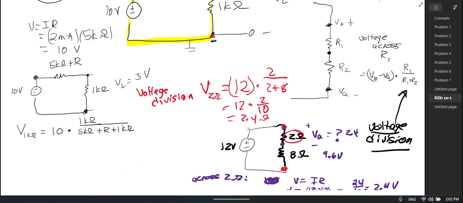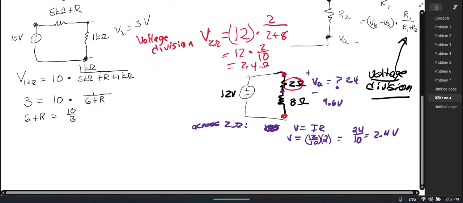And then in this particular problem, we said we wanted the voltage to be 3 volts. So I'll put 3 in there. It says 3 equals 10 times, now if I say R is in kilo ohms, I can cancel out the kilo ohms from everything, 1 over 6 plus R. Or multiply both sides by 6 plus R and divide both sides by 3.